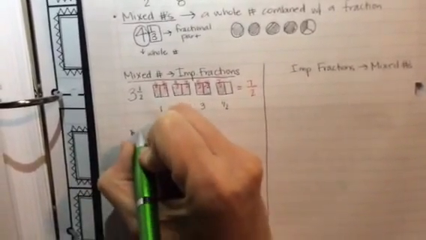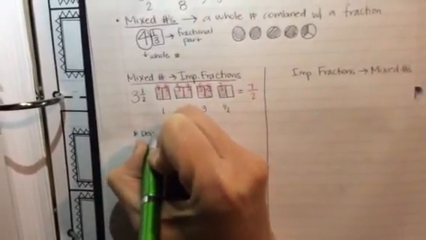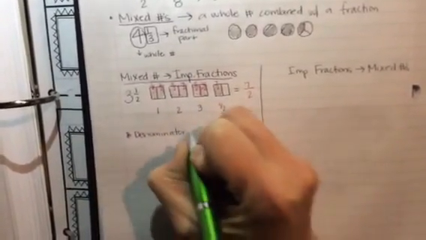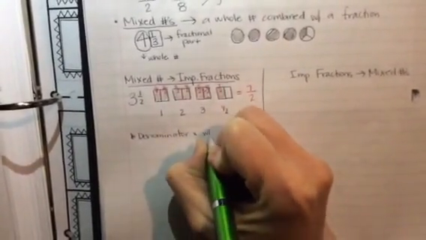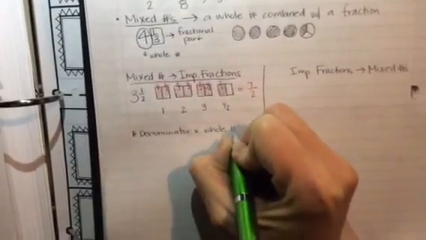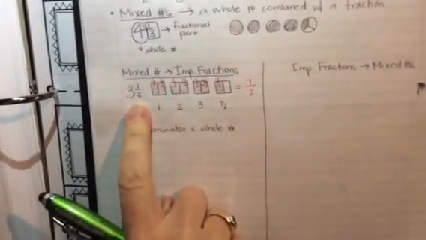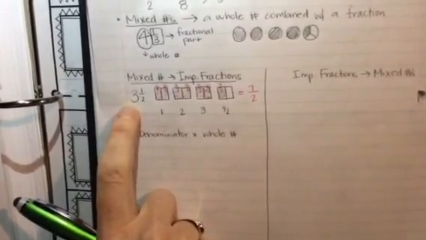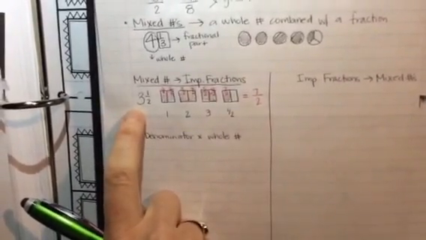And you do that by taking the denominator of the fraction and multiplying it by the whole number. So if I model it with this example, this says 2, that's the denominator, times the whole number of 3. So 2 times 3 would be 6.